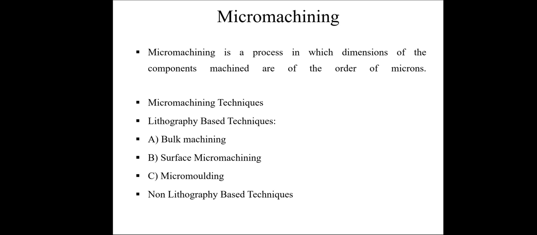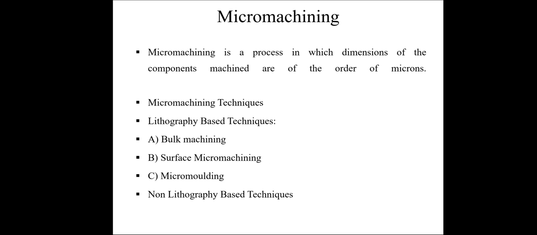In lithography based techniques, again there are three types. First one is bulk micro machining. The structures are carved out of a substrate by chemical or physical etching method. Second one is surface micro machining. Thin layers up to 3 to 4 micron thick of material are sequentially deposited and etched to create multi-layer stack of desired geometry.